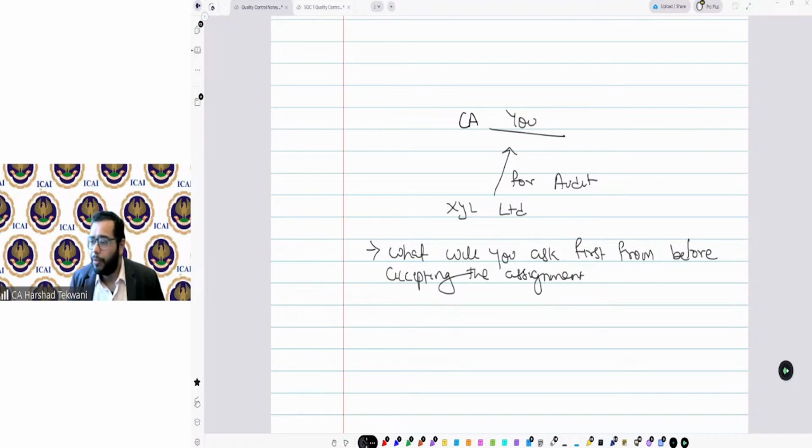Some are saying policies, procedures, SOPs. Okay, what else will you ask from your client? Good, Shruti, turnover. Good, Vimal, old work, work done by the previous auditor, and audit report. Good.